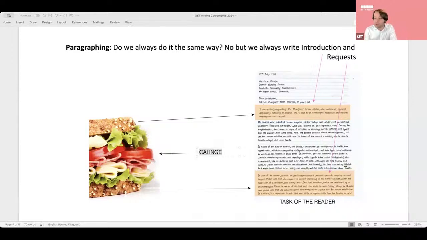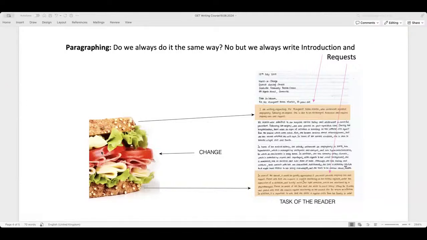For example, Noam, can you say hello? Julie? Hello. When you make a sandwich, do you always put the same things inside? No. Sometimes, but not always. Why do you change it? Maybe you don't have lettuce.